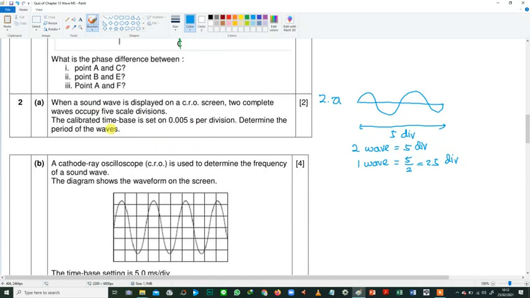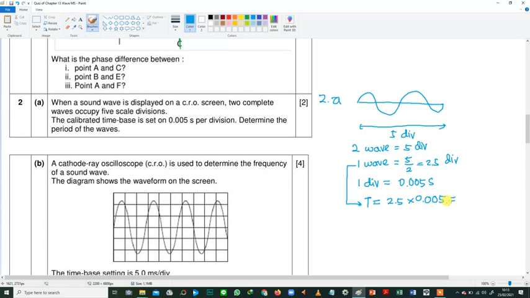Now here the calibrated time base is set so that 1 division is equal to 0.005 second. And then now you have to determine the period. Period means you have to use 1 wave, because period is basically the time to do 1 wave. So 1 wave is 2.5 division. For the period it's gonna be 2.5 times 0.005.